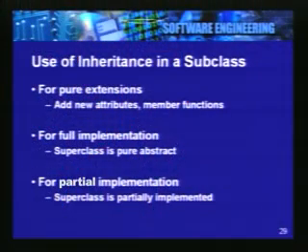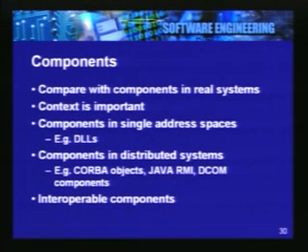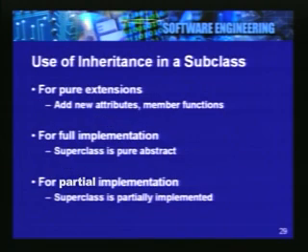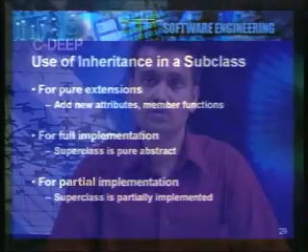And you can use subclasses as partial implementers in frameworks. So mainly these three kinds of subclasses can be used in class level designs with inheritance: inheritance for pure extension, inheritance for full implementation, and inheritance for partial implementation.